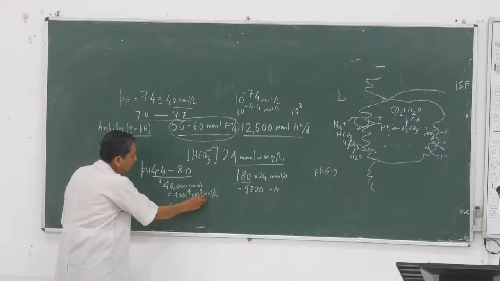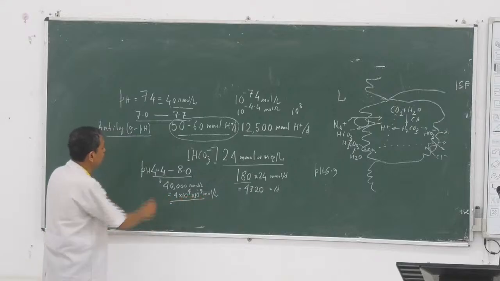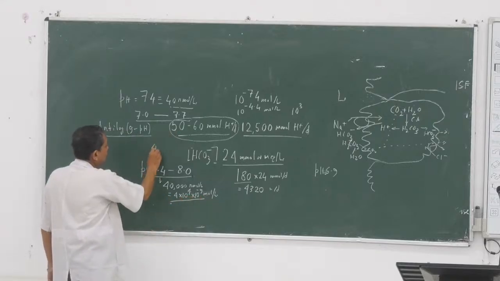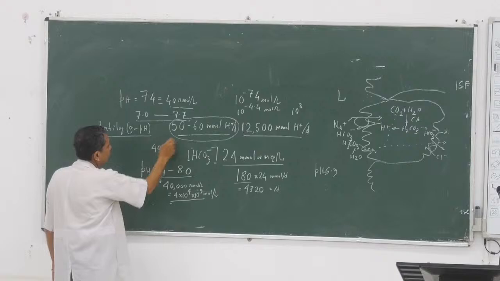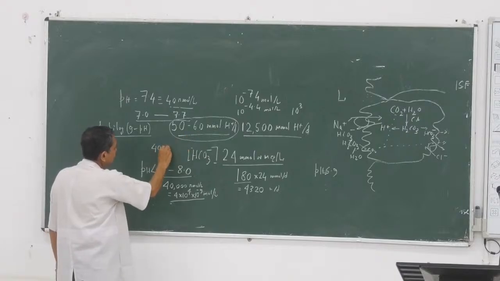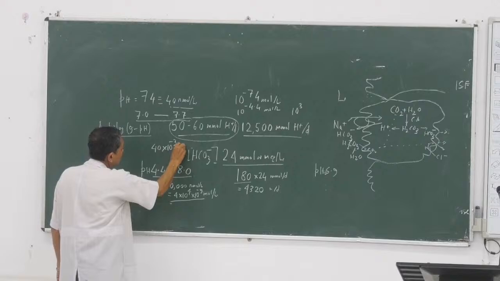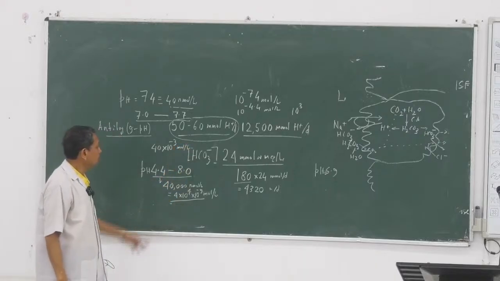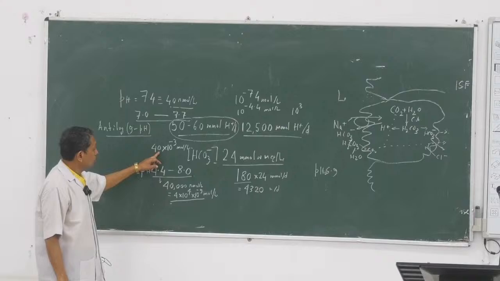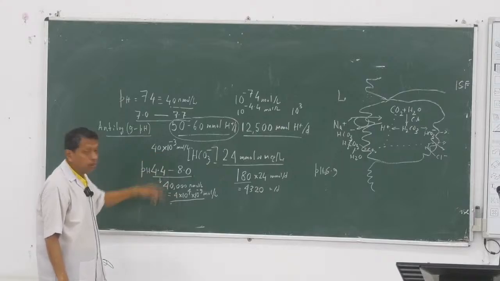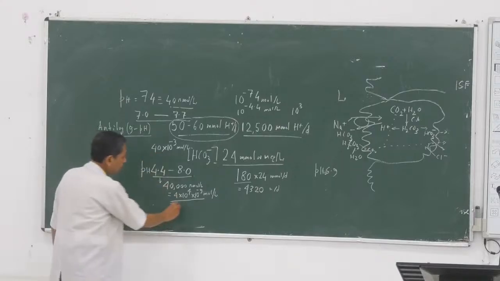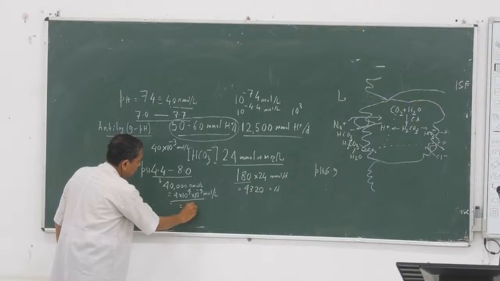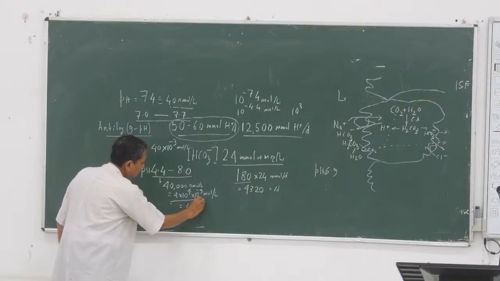So this value is grossly inadequate if you consider this value as 40 milliequivalent. So this value is much more than this value. Much more.